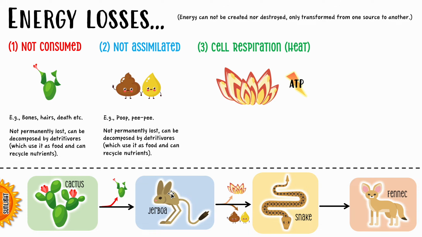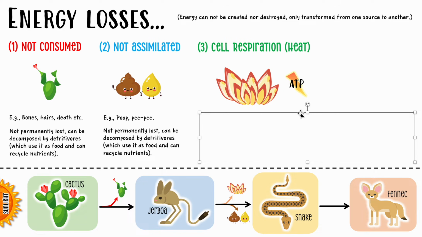So in that way, the nutrient that used to be inside him is now being used. So now when it's passed to when the snake eats him, the snake is not going to get those nutrients that the cactus used to have, because the jerboa used it to do cell respiration. So that's another way in which energy is lost, when these guys actually break down and use the food to do cell respiration, okay? But the big difference here is about the permanent part.